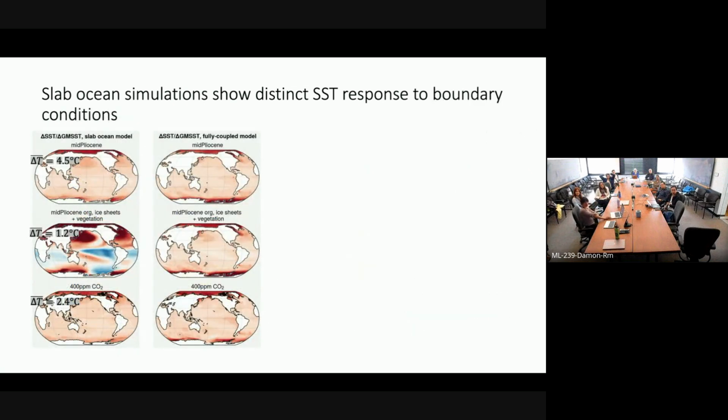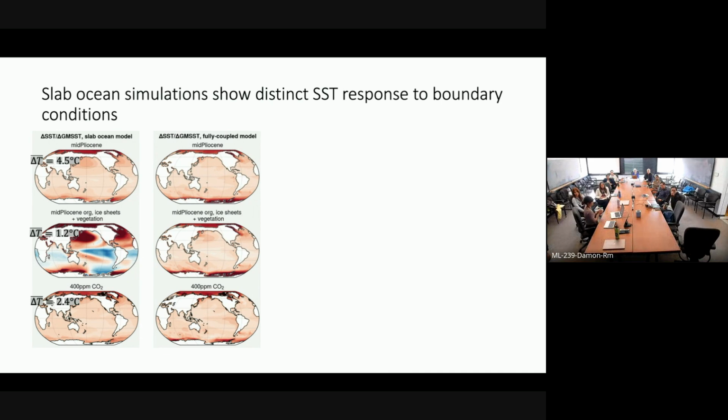Okay, so to compare this with the fully coupled simulation, it's not too different in our full mid-Pliocene and CO2 simulations. Certainly when we just have the boundary conditions, the fully coupled simulation gives us much more warming and overall very similar SST patterns across all simulations.